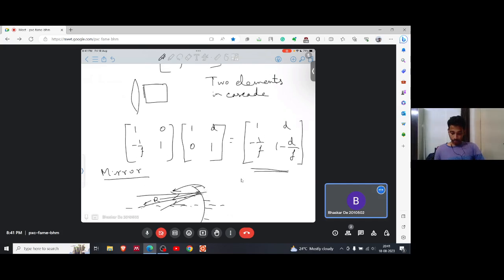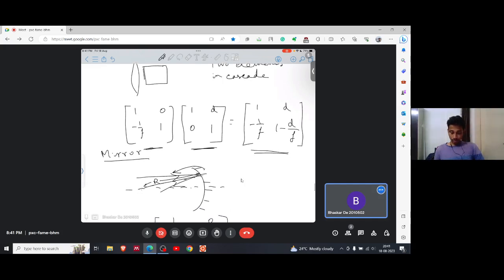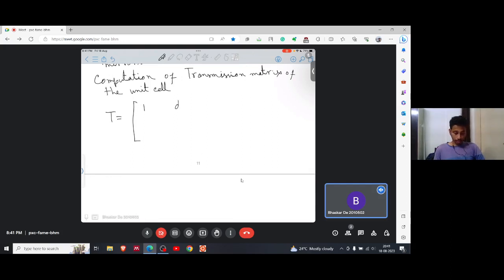It is a distance, then a length. It will be [[1, d], [0, 1]] times [[1, 0], [-1/f1, 1]], which is [[1 - d/f1, d], [-1/f1, 1]]. This is for the first distance and the first lens.